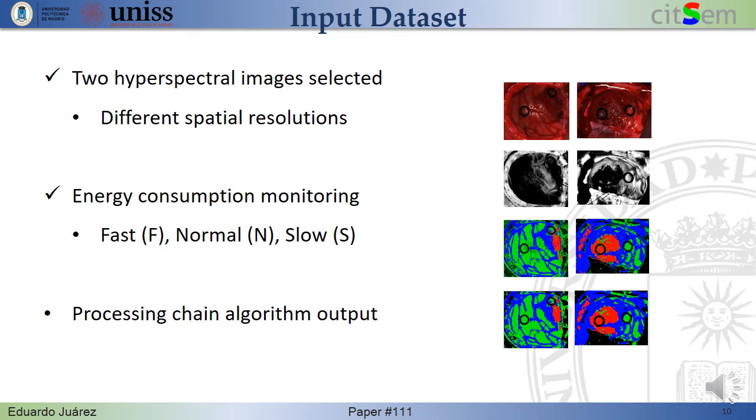Finally, color maps are used to graphically represent the tissues, classifying the scene in both SVM and KNN algorithms. Healthy tissue is represented in green. Tumorous tissue is displayed in red. Hypervascularized tissue is depicted in blue, and background or others are associated to black.